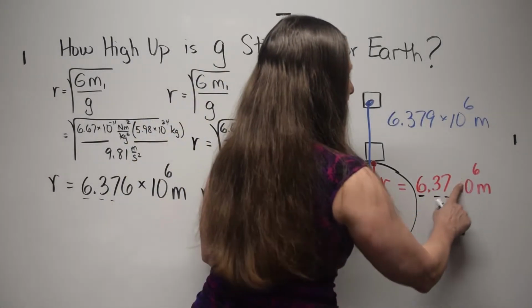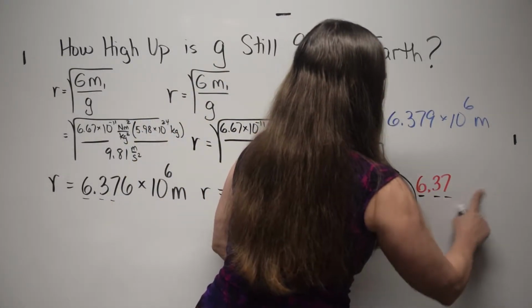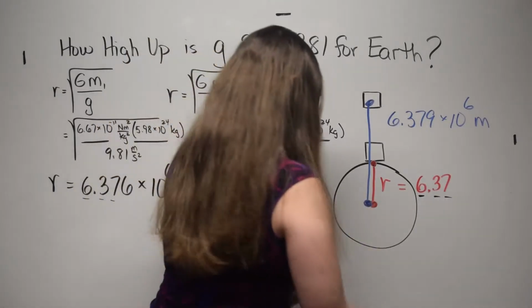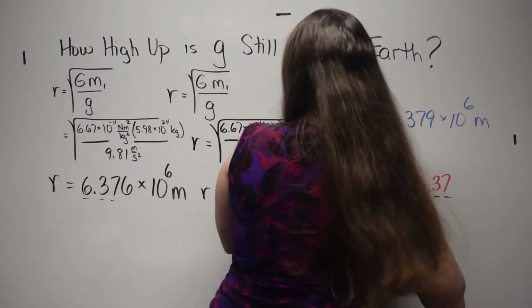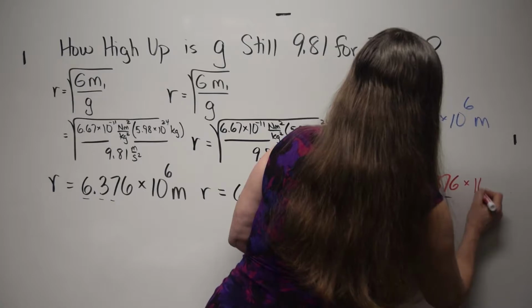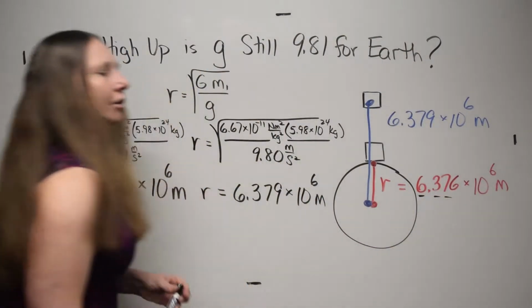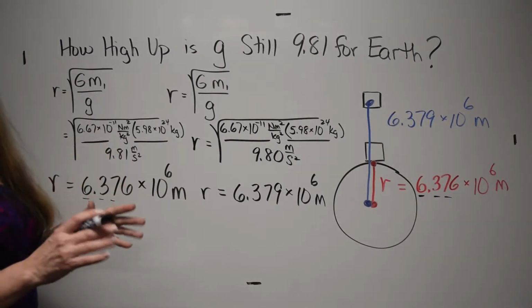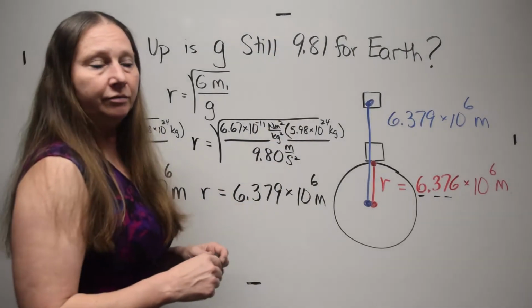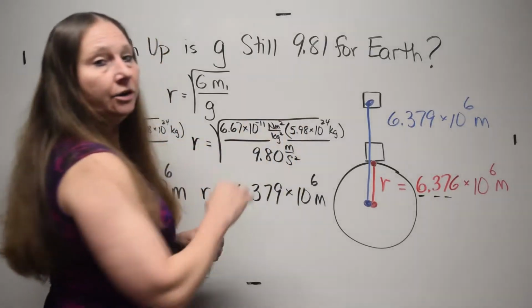We got one more significant figure than we had before. So let's put that in there, 6.376. And this is all a very, very rough estimate. But it'll just give us an idea about how high you would have to go for this to actually change to 9.80.